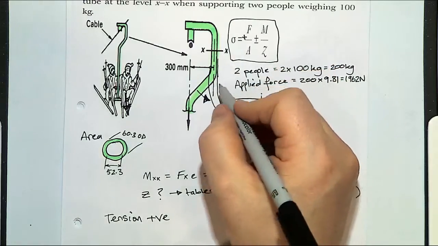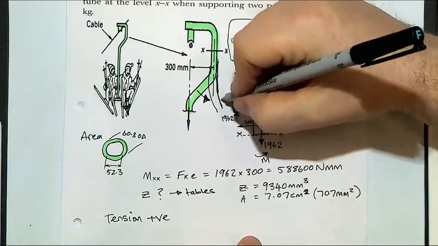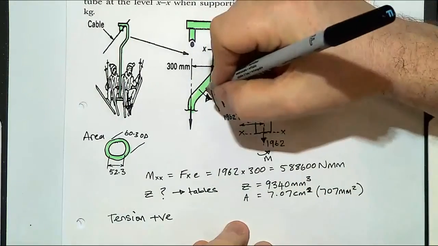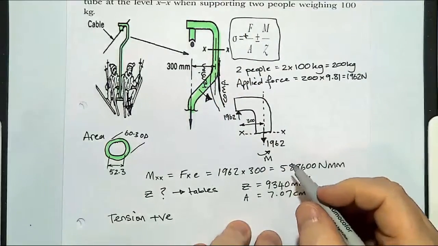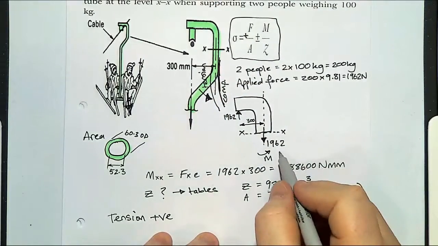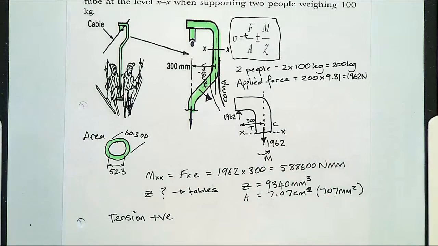So this side is going to be in compression, and that side is going to be in tension. So we're going to end up with compression on this side and tension on that side.